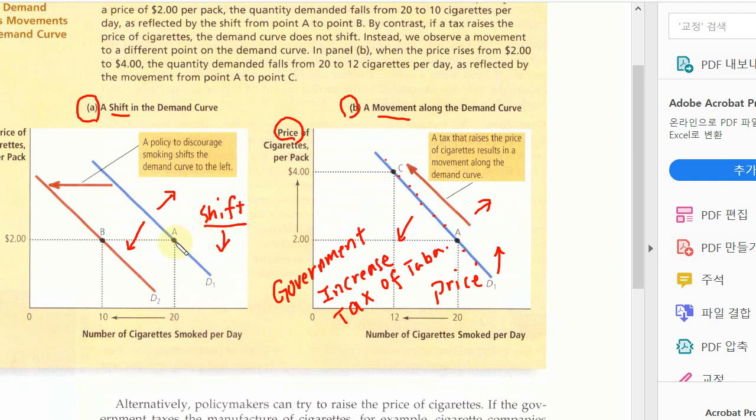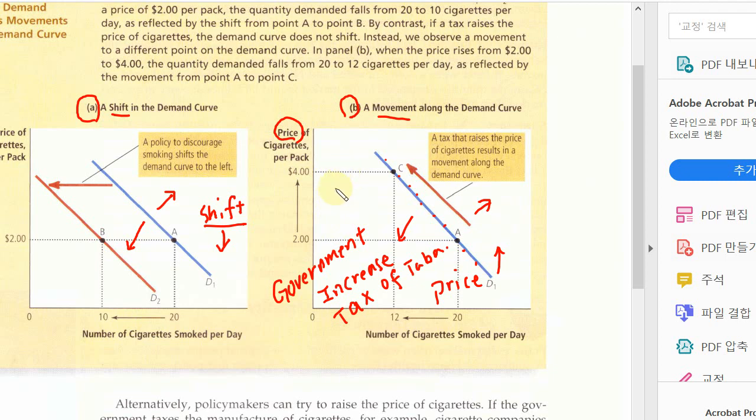For example, in illustration B, the movement can occur once the government, as I told you, increases the tobacco tax. Then automatically the price of tobacco will increase.